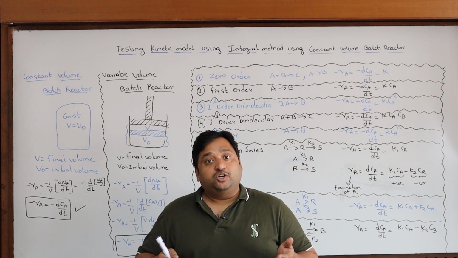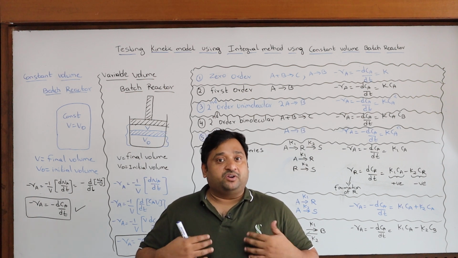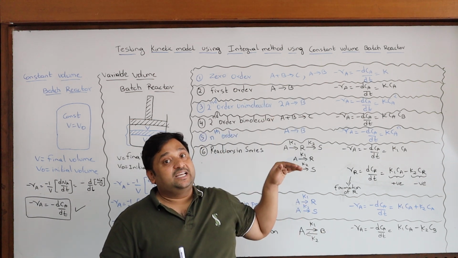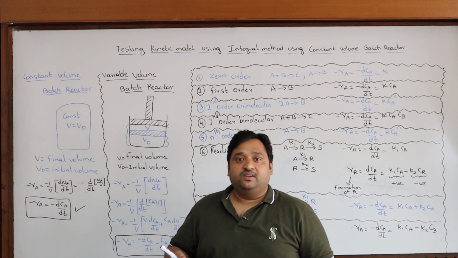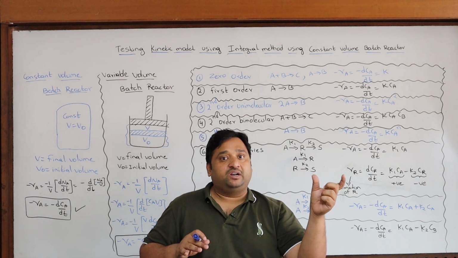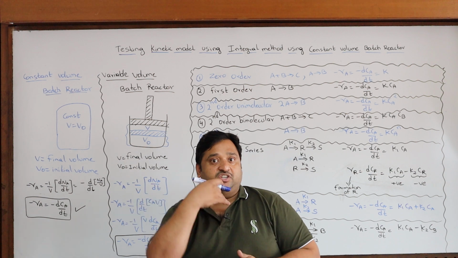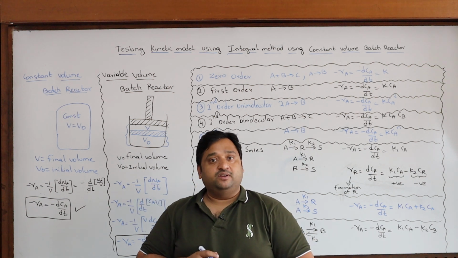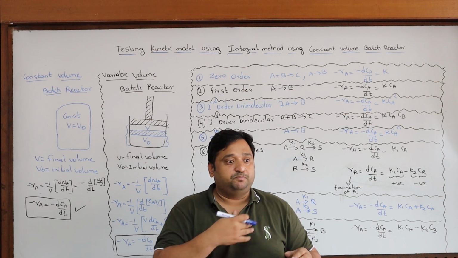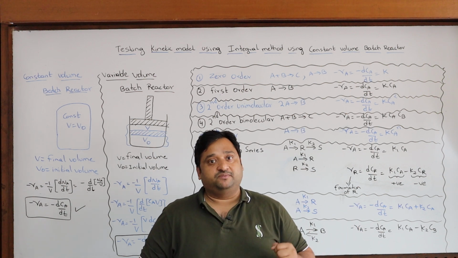So, to decide what speed or what rate the reaction is happening, you need to test against a few models. If the speed of a reaction matches that of a zero order reaction, then the reaction speed is zero order speed. If it matches that of a first order reaction, then the speed of the reaction is first order speed.